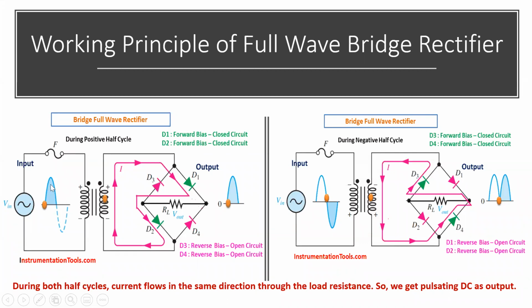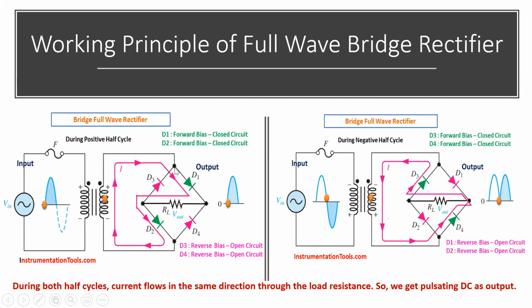During the positive half cycle, this end is positive and this end is negative. Current flows from positive to negative, right? So follow along this arrow mark. From positive, we start to flow. The current will come here, and at this junction, it will see two diodes, D1 and D3.